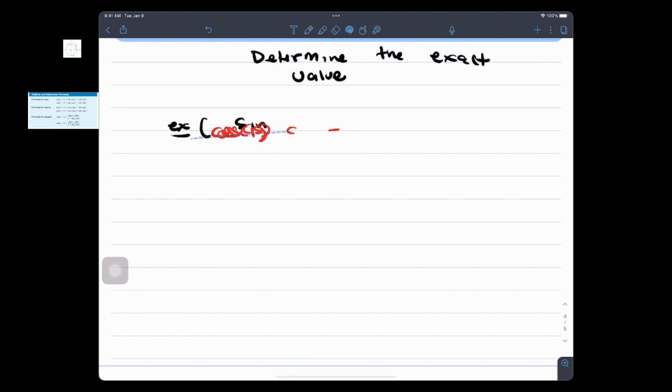Sine of maybe, I'm going to think about this, 75 degrees. This is kind of a standard question. And this is, again, without what? Without a calculator. So you don't use a calculator for this. So how would you do that if you want to determine the exact value?